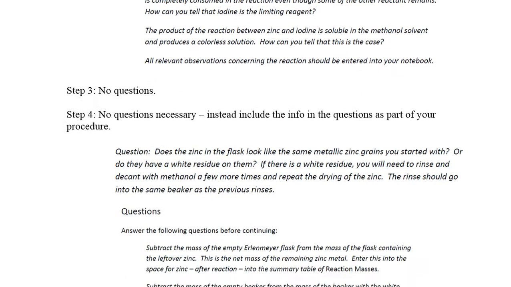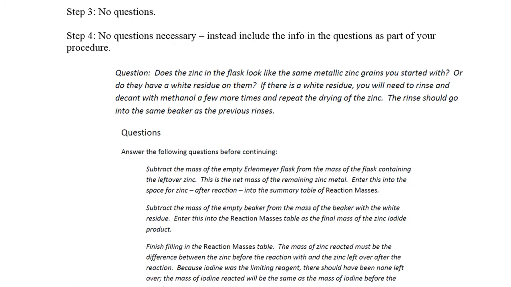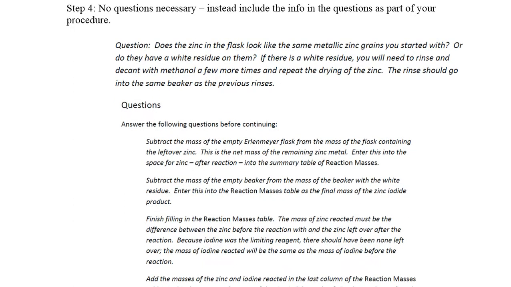Step 4, I would say, is somewhat similar to step 1. I don't think you really need to include these questions in your procedure because the first one talks about, you know, is the zinc in the flask white? If so, then you need to rinse and decant a little bit more.